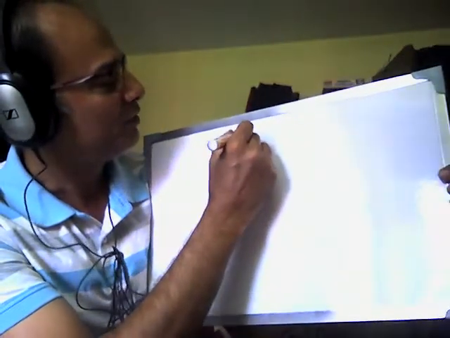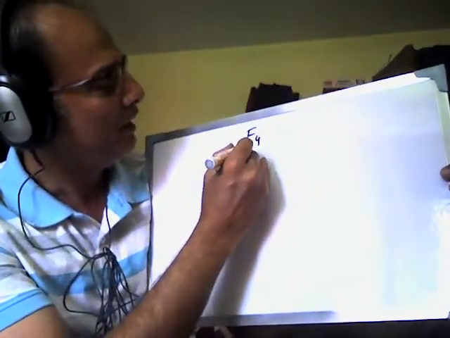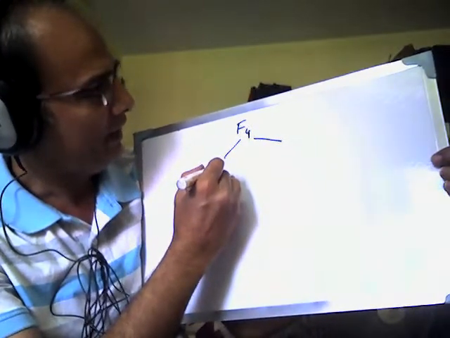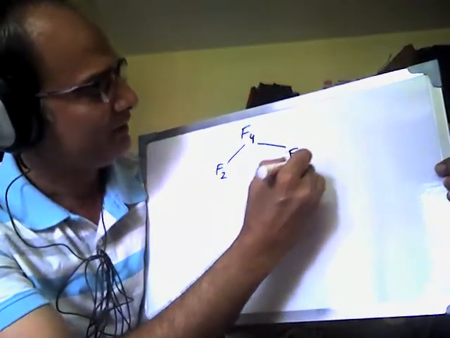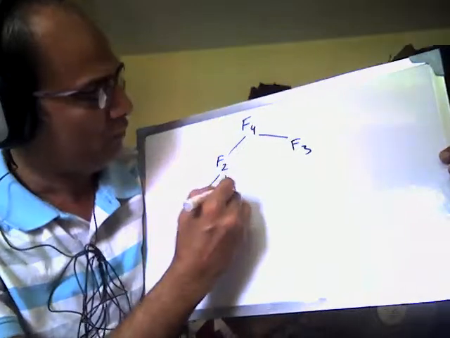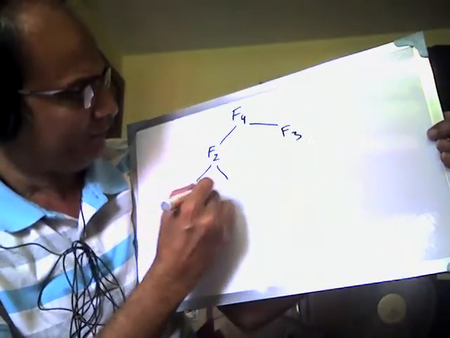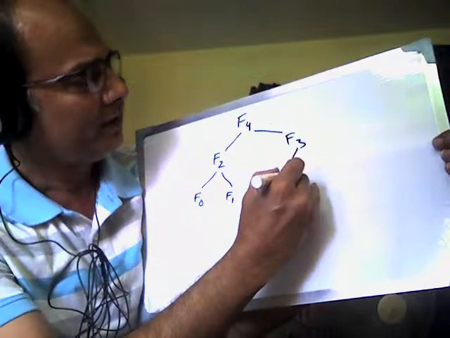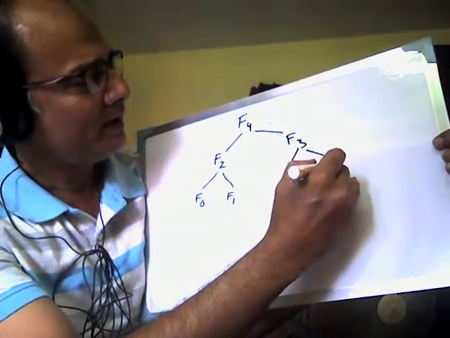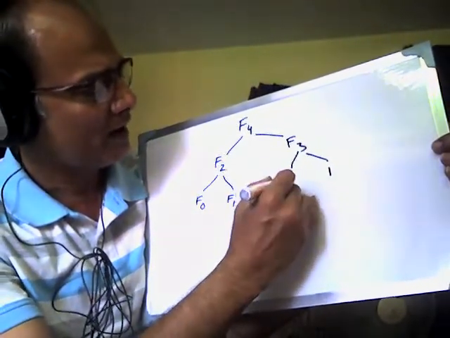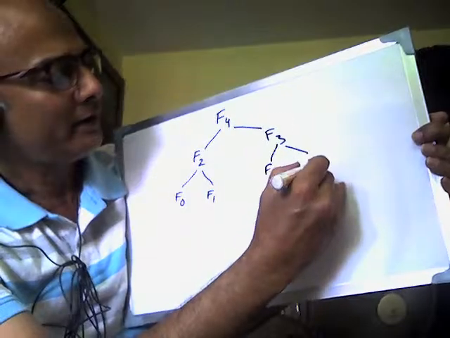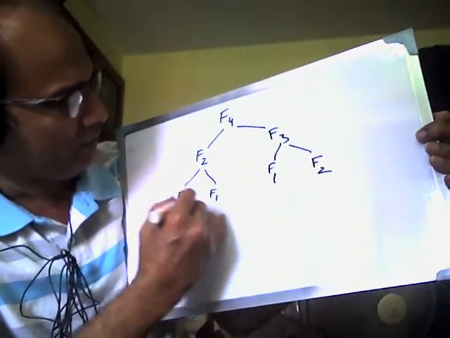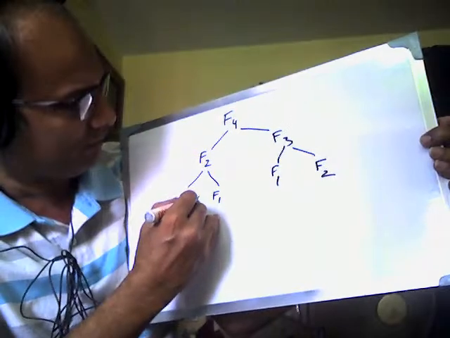You see this, suppose F4. For finding F4, what is needed? F2 and F3. For finding F2, what is needed? F0 and F1. For finding F3, F1 and F2. F0 is equal to 0 and F1 is equal to 1.